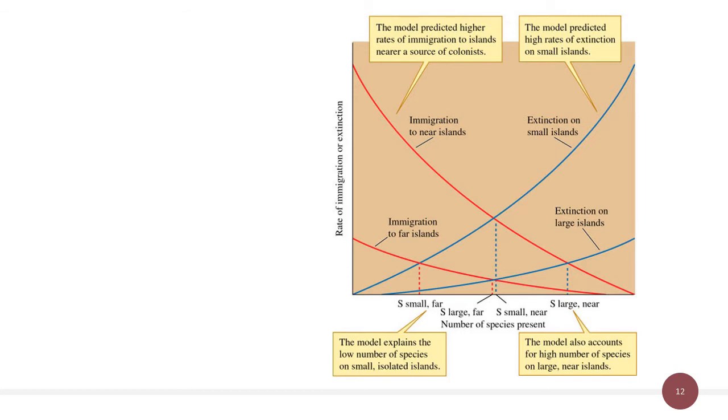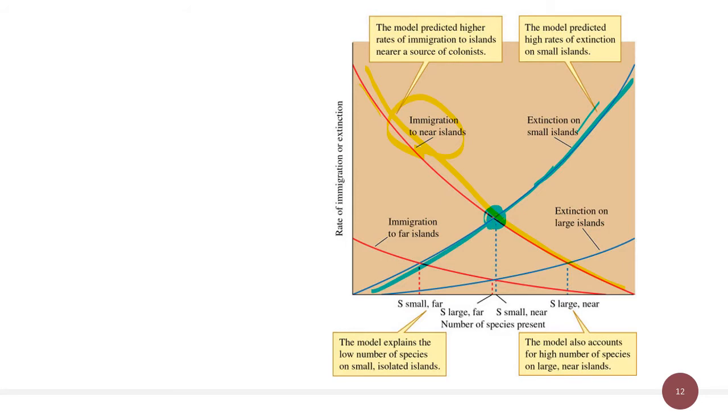Now, if I have the equation for this immigration line, and I have the equation for this extinction line, I know they're both dependent on the number of species that are already on the island.